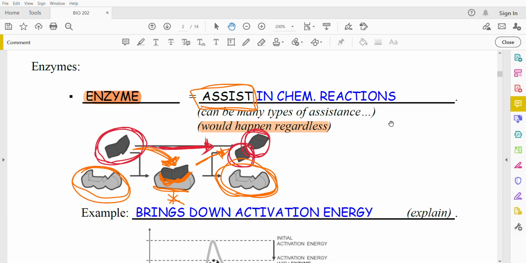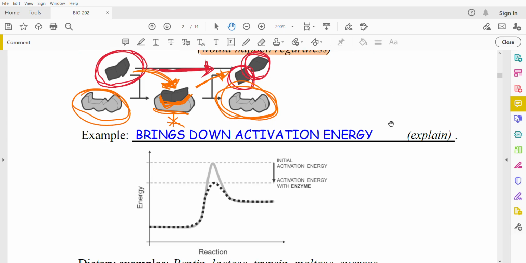It can be reused. So that was our definition of enzyme. Enzymes assist in chemical reactions. And like I said, the assistance could happen in many different ways. And in this example, we see how the enzyme can bring down the activation energy needed for something to happen.